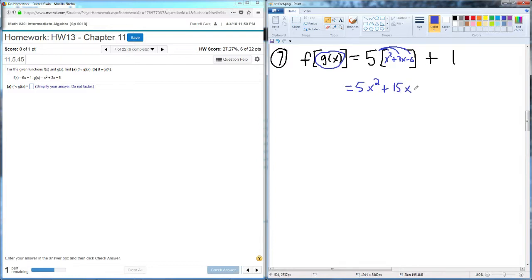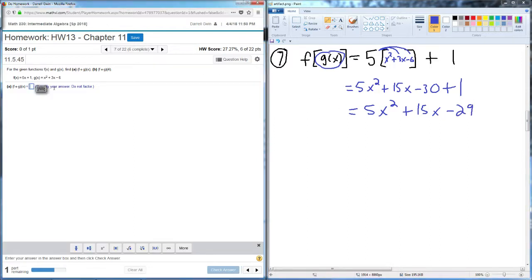And 5 times negative 6 is negative 30 plus 1. And we just have to combine my terms. 5x squared plus 15x minus 29. Let's type that in. 5x squared plus 15x minus 29.